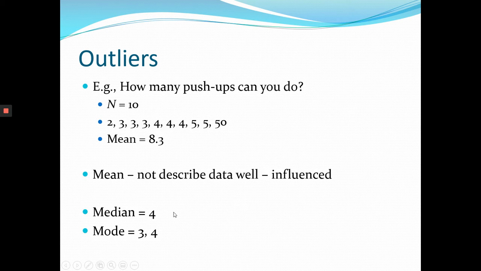And by the way, the median is 4, which I think is a pretty good measure of central tendency here. The mode is 3 and 4, so I'd say the mode's maybe not fantastic. I think median is good. And in general, when you have skewed data like this, which is positively skewed, we typically want to use the median.